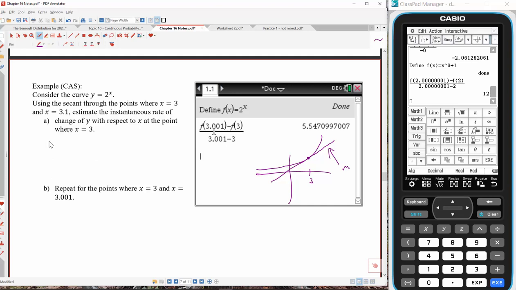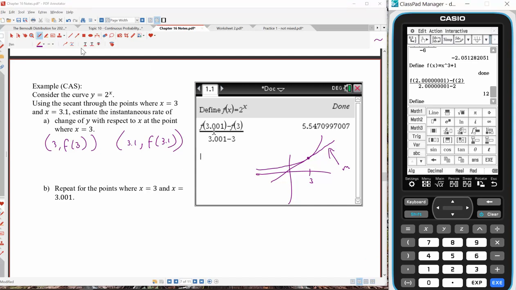So what we do is we basically choose that point. We're going to start with x equals 3 and y at that point, and another point extremely close to it, which is 3.1. We're going to get the gradient of a line joining those 2 points. So (3.1, f of 3.1). So we bang it into the calculator.